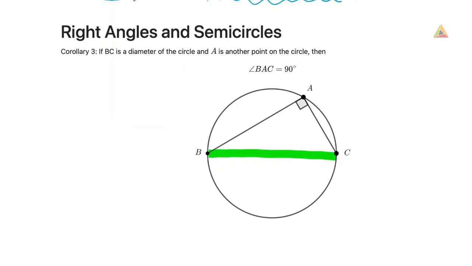What they're saying is A is another point on the circle, which is this point here. The angle BAC, which is this angle here, is 90 degrees. So if you've got the diameter from B to C, and another point A, then the angle BAC is equal to 90 degrees.